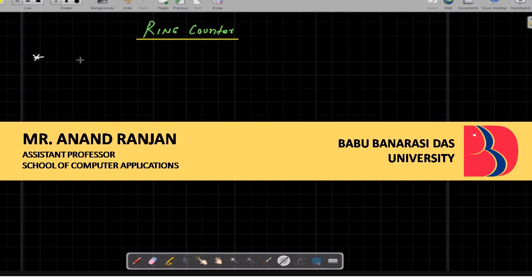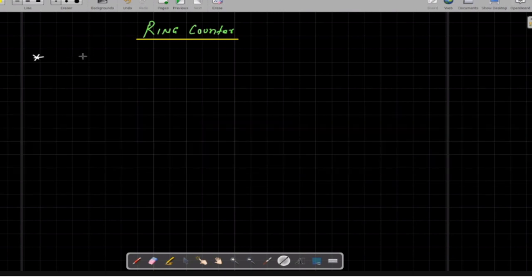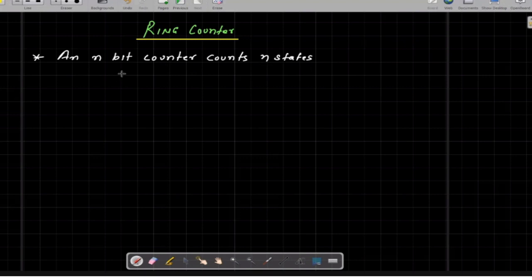Number one, we have already discussed this statement most of the time when we discussed counters. So let me write this common statement: an n-bit counter counts n states, in which you might have some used and unused states.